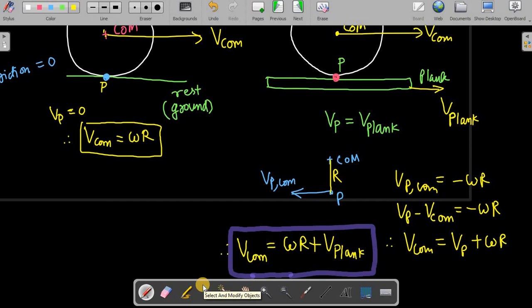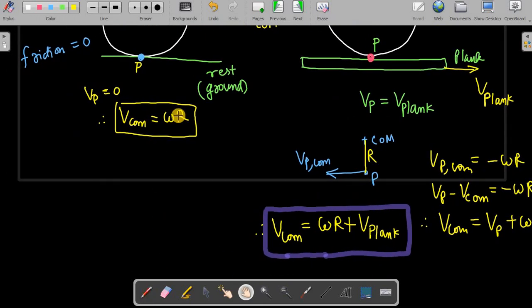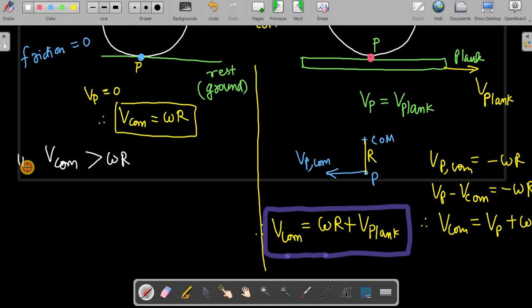So here you should know about what is called forward slipping and backward slipping. Let us say in the first case that we have discussed, the velocity of center of mass is greater than omega r, or another case can be that the velocity of center of mass is smaller than omega r. If it is equal, then it is pure rolling.